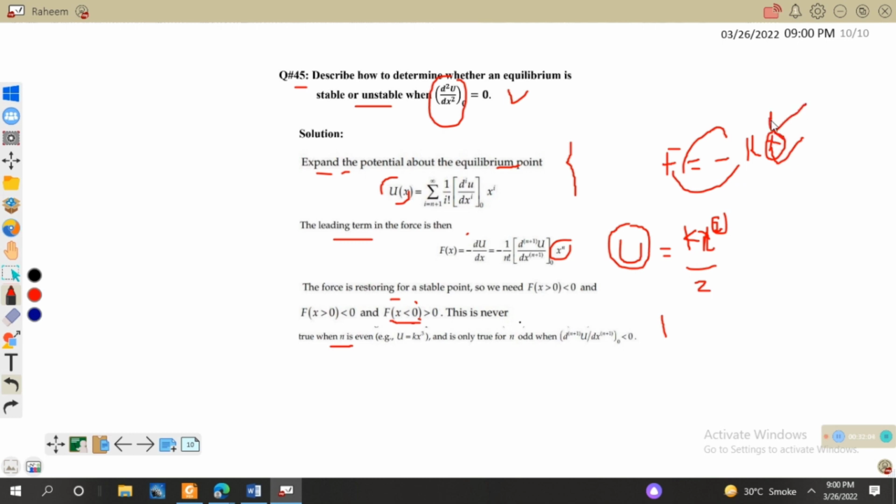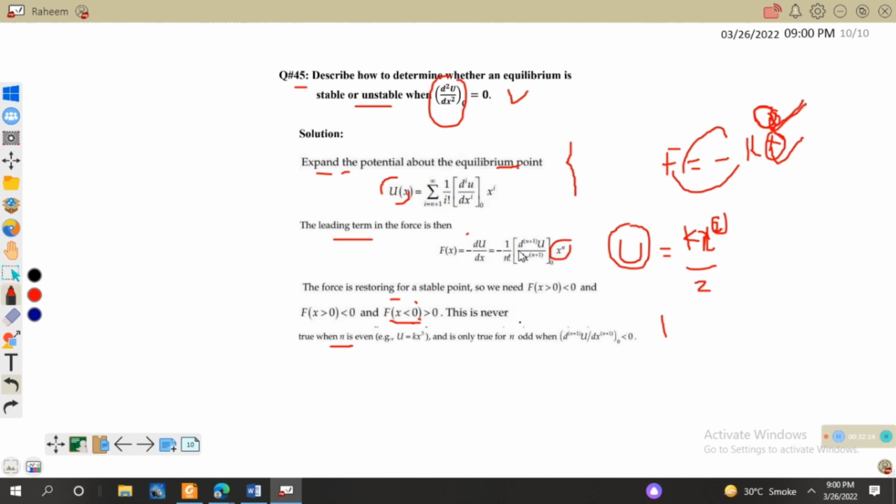Here the power of x in the potential is even, so in this case the power of x in the force is odd. For the odd case, we have an equilibrium point, a stable equilibrium, in the force.